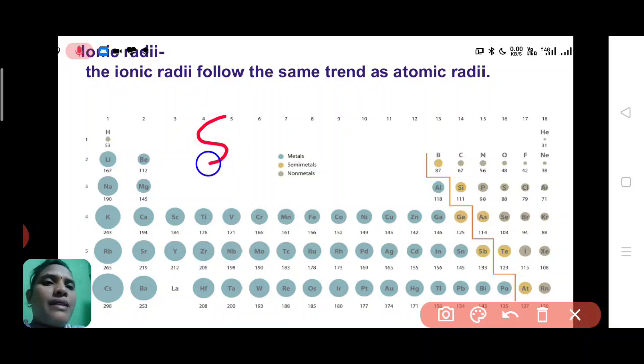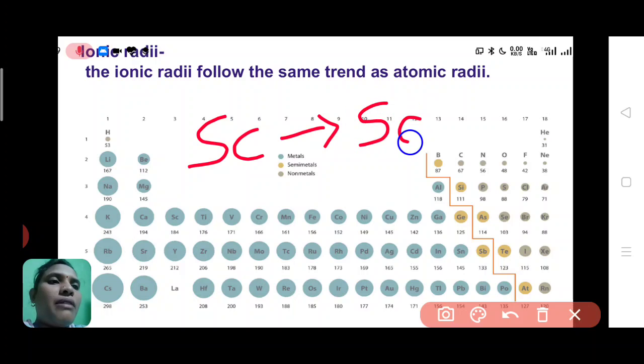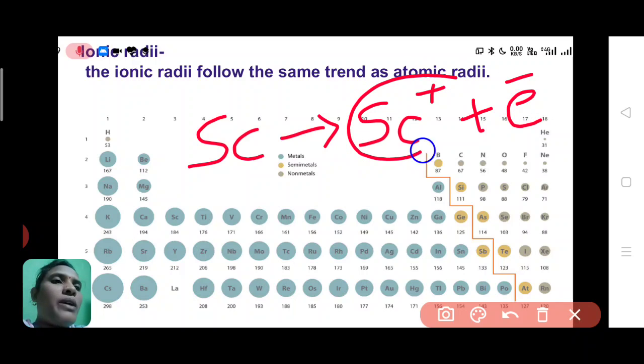Consider scandium as a neutral atom. When it loses one electron, it gives scandium plus 1. Scandium has now become an ion, and the radius of this ion is called ionic radii.